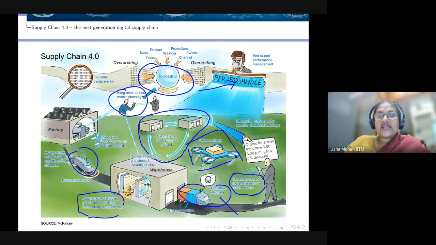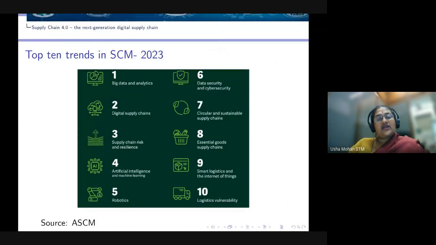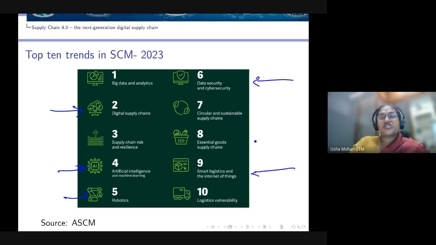You can see here two things: one is predictive shipping and another is autonomous truck. Now, the Association of Supply Chain Management has listed the top 10 trends of supply chain management in 2023. Again, you can see the digital supply chain, artificial intelligence and machine learning, robotics, data security, cyber security, smart logistics and Internet of Things, big data and analytics.